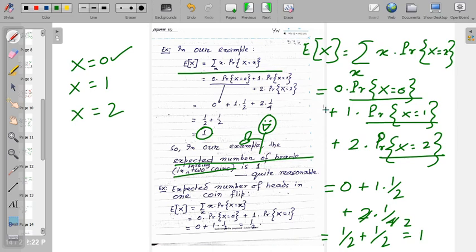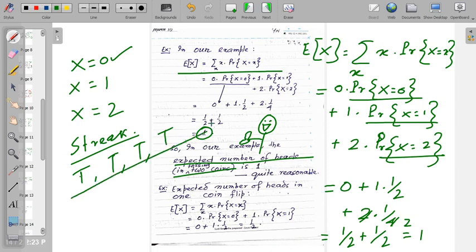There is an analysis called the streak problem. Say Virat Kohli goes for the toss and gets head, or tail, and then next match he gets tail, next match he gets tail, and next match tail again. Will this continue on and on?